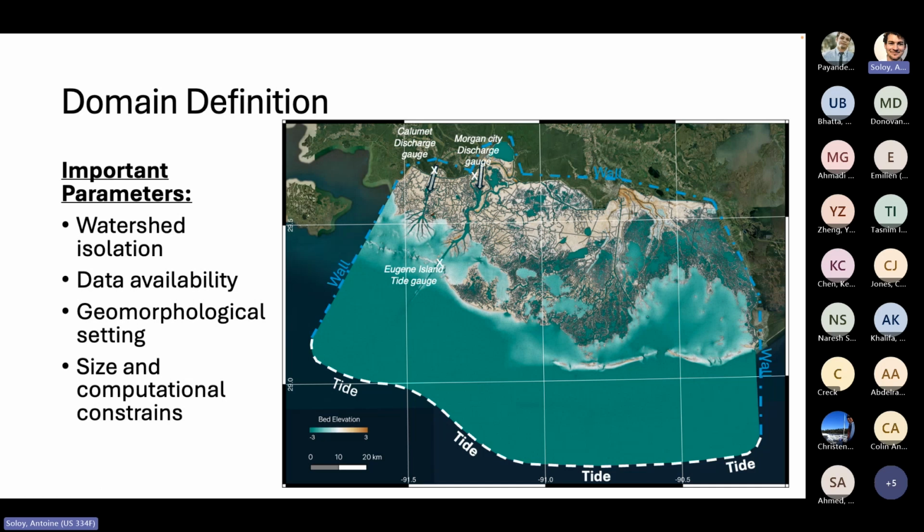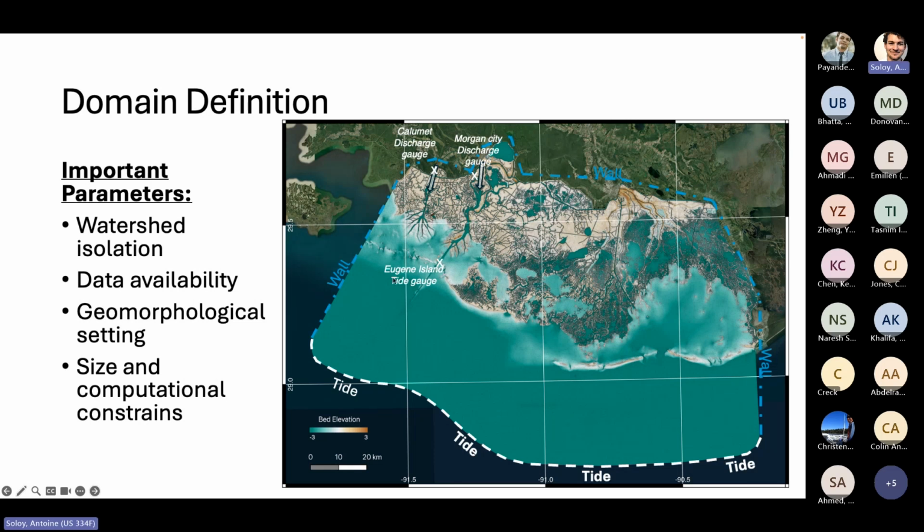You want to be aware of it, and you want to know where this data is coming from. For instance, in this model, we have 2 discharge inputs, which are Calumet and Morgan City, and that's why the model is stopped at the border. The limit of the domain is located at these locations.